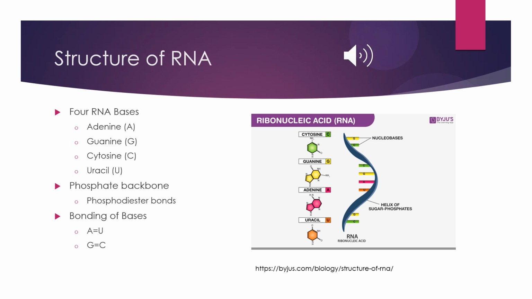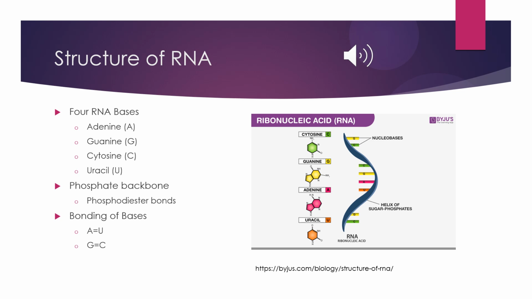As previously discussed in the last slide, this shows more detail. This picture that's included on this slide shows more details of the 4 RNA bases that are part of making the RNA strand.